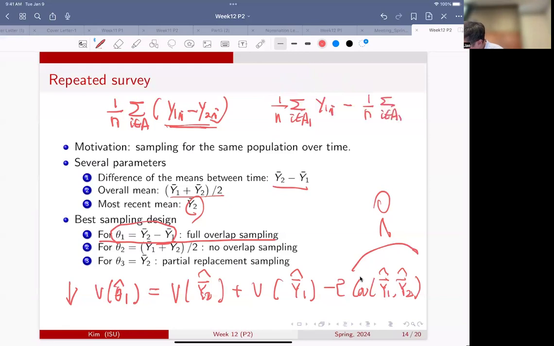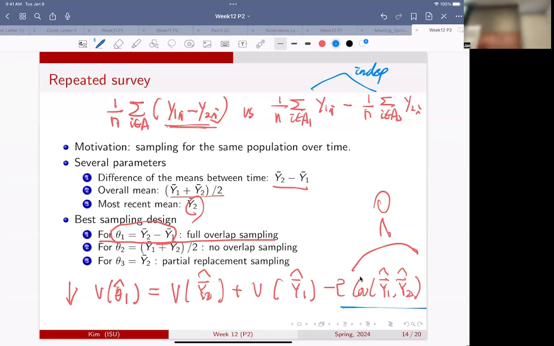So it's more like this. If you compare the two, which one will have a smaller variance? The left side has a smaller variance. Because in the extreme case, if the two samples are independent, your covariance is 0.